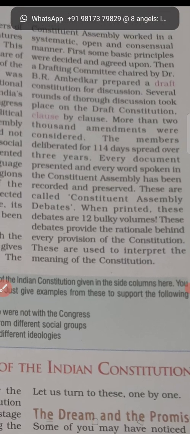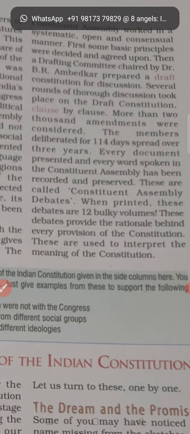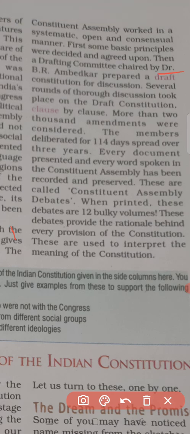Who prepared the draft of the Indian Constitution? You can write down: Dr. Bhim Rao Ambedkar prepared a draft constitution for discussion. Several rounds of thorough discussions took place on the draft constitution clause by clause.